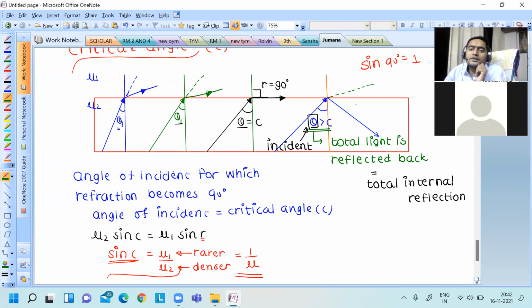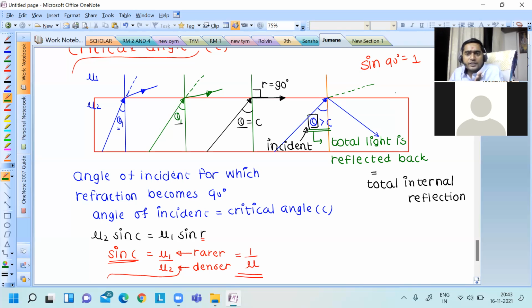If both are given together, it is called internal reflection. But in total internal reflection, we don't have any refraction, only reflection. So this is the basic idea of the critical angle.